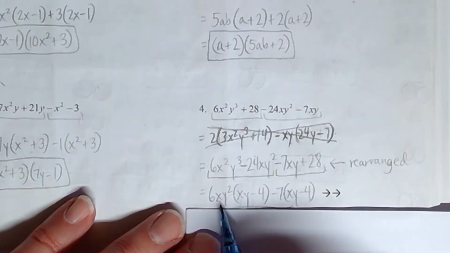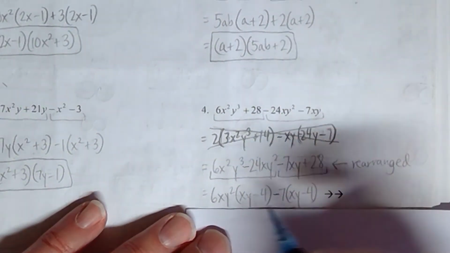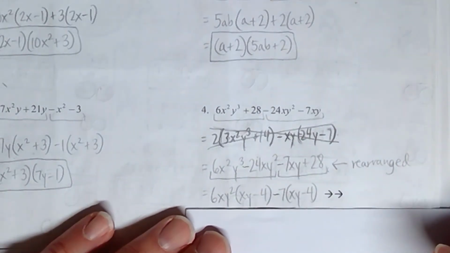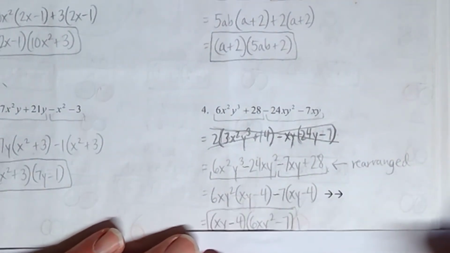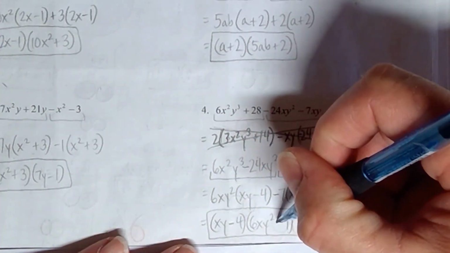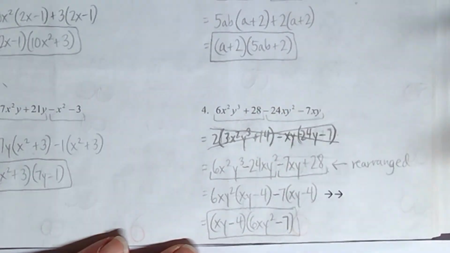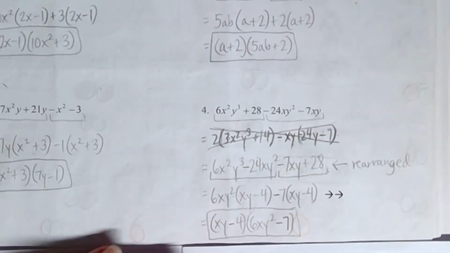I got these 2 GCFs, but including a negative with the 7 there, it does produce 2 brackets that are the same. And so moving that bracket to the front and then doing 6xy squared minus 7, I end up getting the 2 brackets that I need.